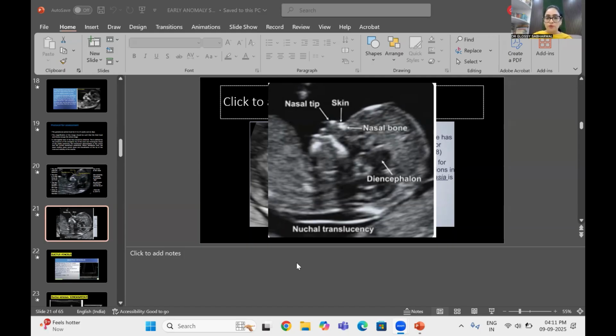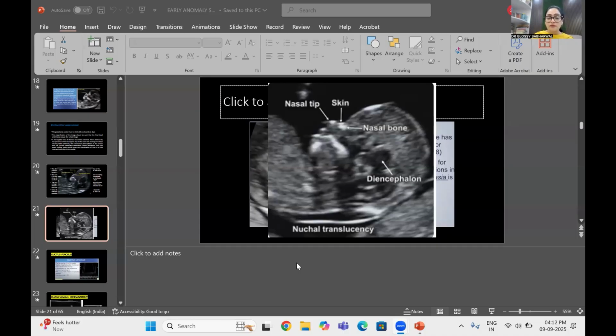Ma'am, is that done later in the anomaly scan, or do we assess it in the early scan only? The 11 to 13 weeks, can we assess it, or do we have to assess it at around 20 weeks? So cleft lip, we prefer doing it later, but cleft palate, we also assess in the structural analysis in the 13-week scan, what we are doing right now.